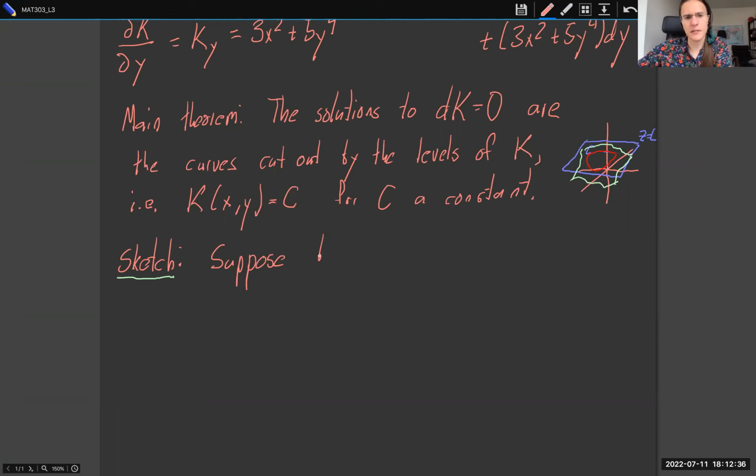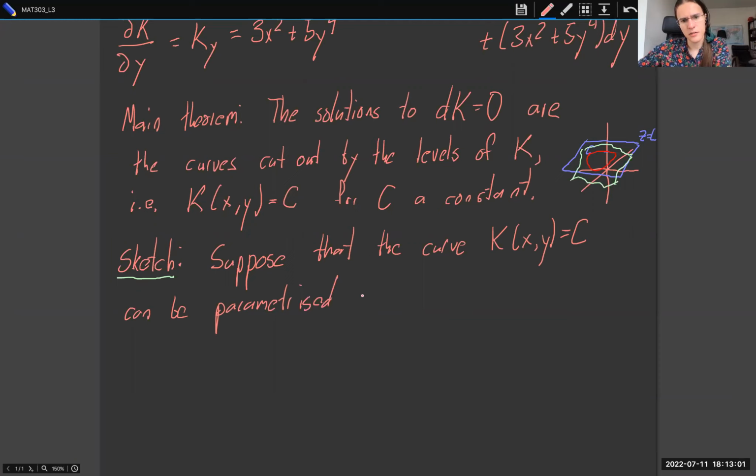that the curve k(x,y) equals c can be represented as a function of x. And what variable should I use?